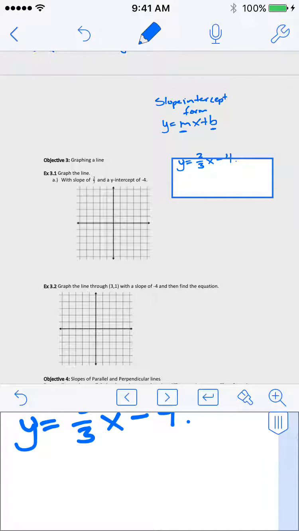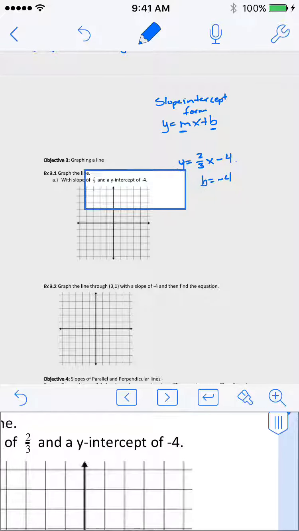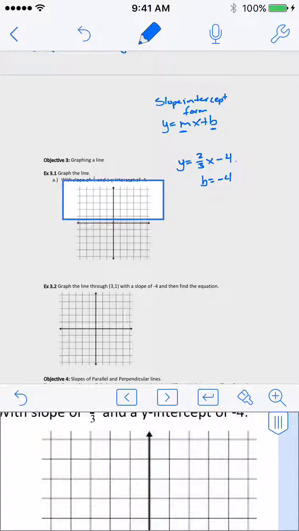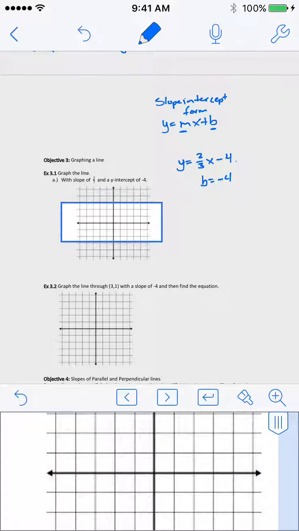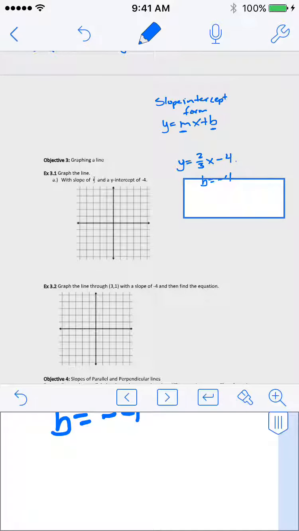Well, let's think about exactly how a y-intercept looks, right? We know that b is equal to -4, but a y-intercept is the point on this line where it crosses the y-axis, right? So we've gone over nothing and it crosses the y-axis. Since we've gone over nothing, that means that our coordinate pair must have an x of 0, right?